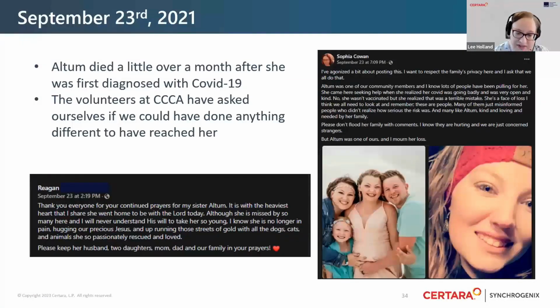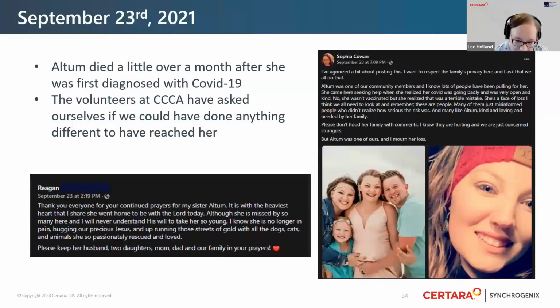She came to us looking for help, looking for information, looking to increase her health literacy. But unfortunately, by the time that she reached out to us, it was too late. And I want to really, really emphasize that none of this is Altum's fault. None of it.